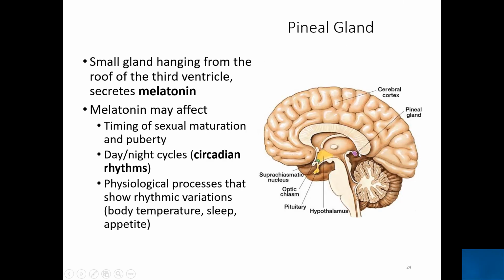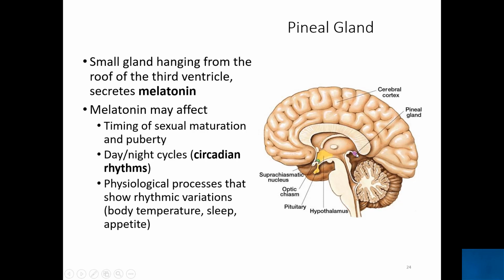Pineal gland is located posterior and inferior to the thalamus. Here it is. It's a relatively small gland, and it produces one hormone called melatonin. Melatonin can affect the timing of sexual maturation and onset of puberty, but in adults it regulates circadian rhythms, day and night cycles.